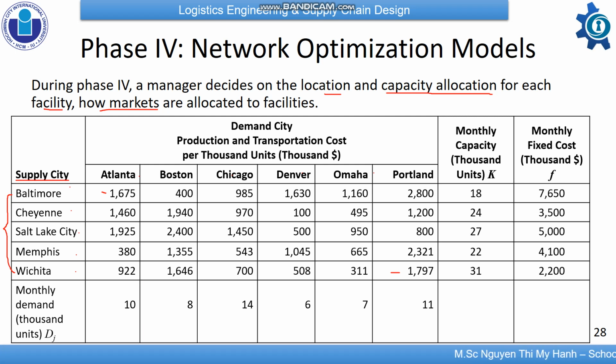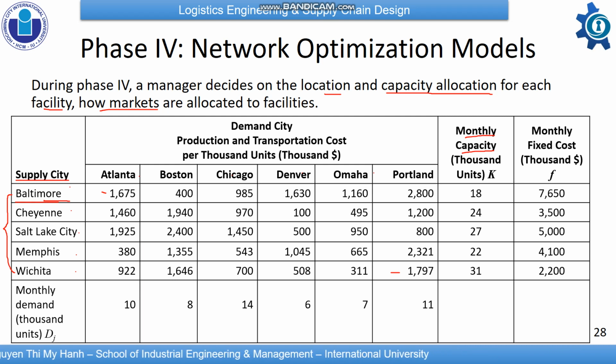$1,675 per 1,000. And here we have the monthly capacity of each location. So for example, the supplier in Baltimore, the capacity is 18,000 units. And to open a facility in Baltimore City, we need a fixed cost that is $7,650,000.